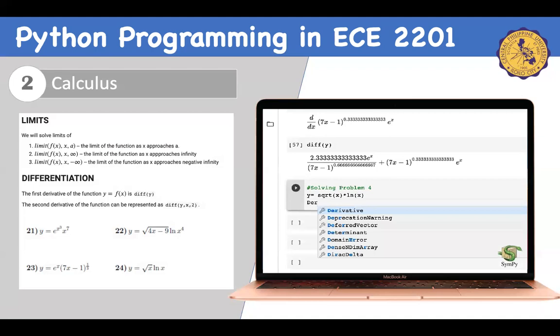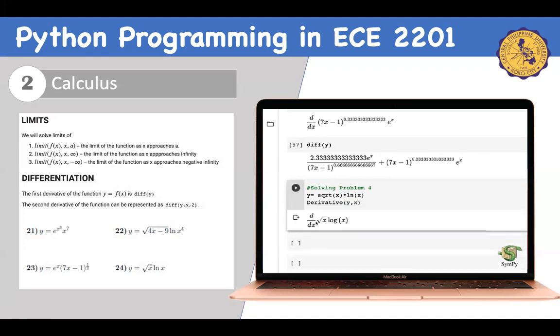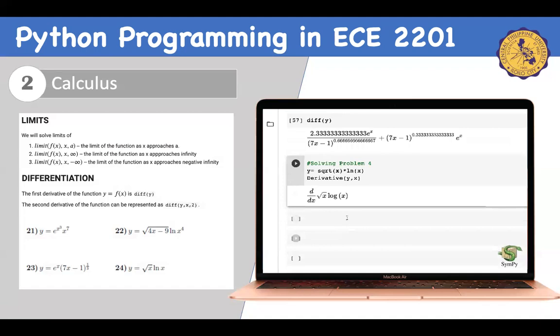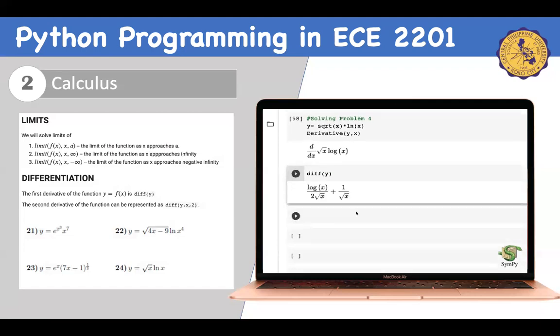And then we are going to display the derivative of y with respect to x. And then take the derivative of the product. So run, that's the derivative of the product. So ln x all over 2 times square root of x plus 1 over square root of x. All right.